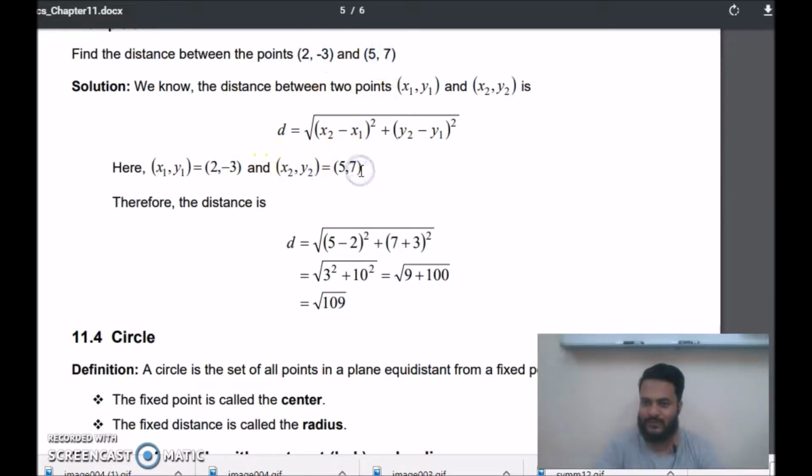Put these values in place of x1, y1 and x2, y2. In the x2 place it is 5, in the x1 place it is 2, so 5 minus 2 is 3, power 2. And in the y2 place it's 7, and in the y1 place it's minus 3, so minus minus becomes plus. 7 plus 3 is 10. 3 square is 9, 10 power 2 is 100, hence totally it is square root of 109 units. You have to write units.